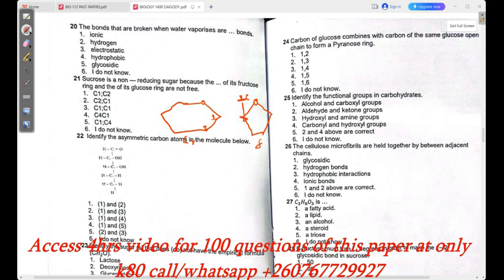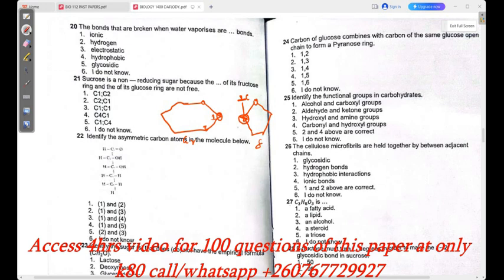So the reason why sucrose is a non-reducing sugar is because the dash of its fructose, so carbon 2, this carbon of the fructose ring, and that of the glucose ring, that of carbon 1, are not free. So carbon 1 of glucose and carbon 2 of fructose ring are not free.